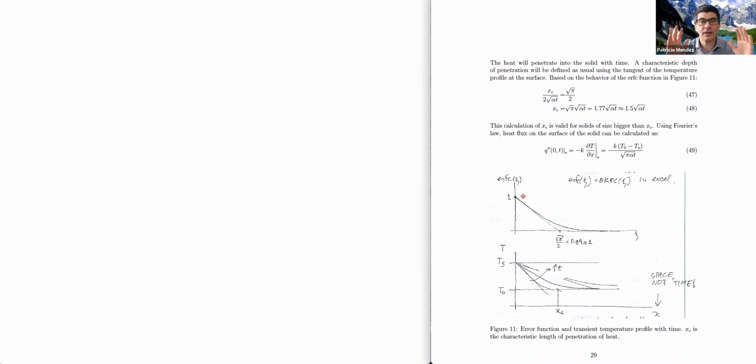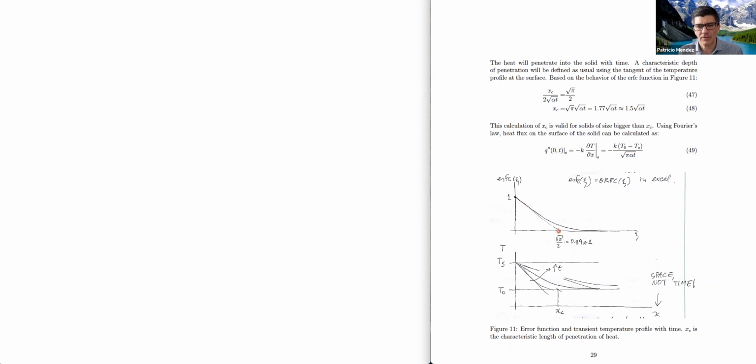The characteristic length of an exponential decay is 1, right? If we say e to the minus x, the characteristic length is 1. But in this case, the characteristic length of an error function is square root of pi over 2. Somehow, this is true, right? But guess what? It's more or less 1. It's 0.89. It's very similar to an exponential, right? And this is the exact number, square root of pi over 2.